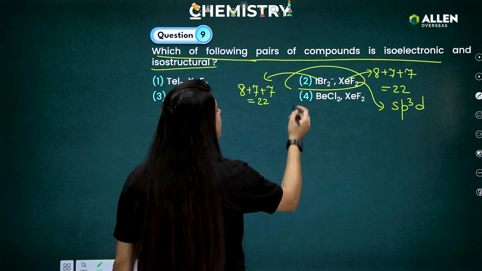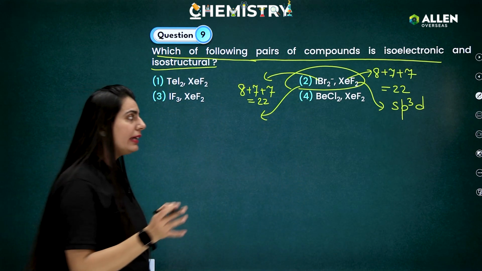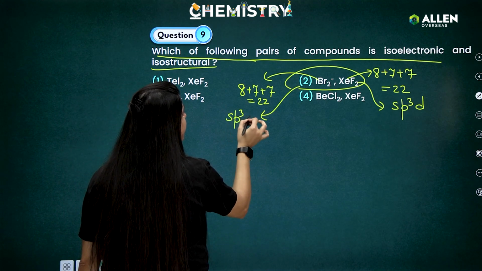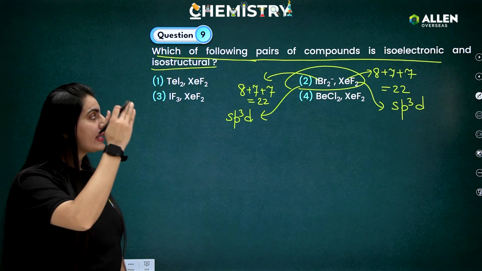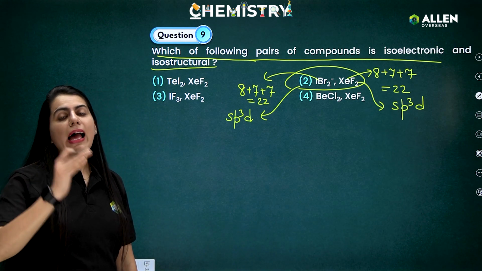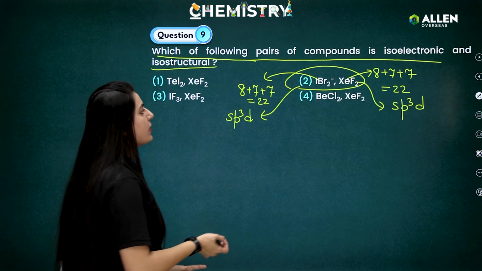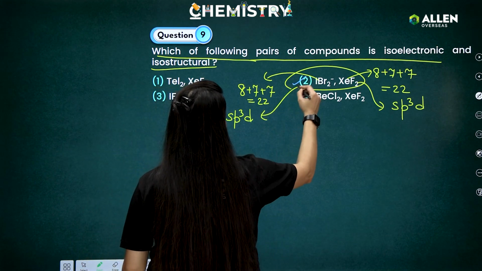IBr2 minus, which is very similar to I3 minus, is again linear and also sp3d. So these species have the same valence electrons, the same hybridization, and the same number of atoms as well. So our answer for this question will be second.